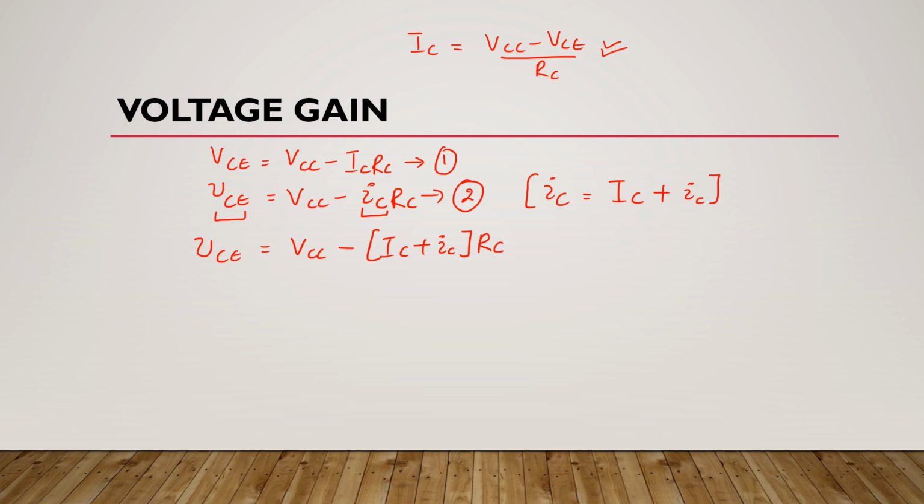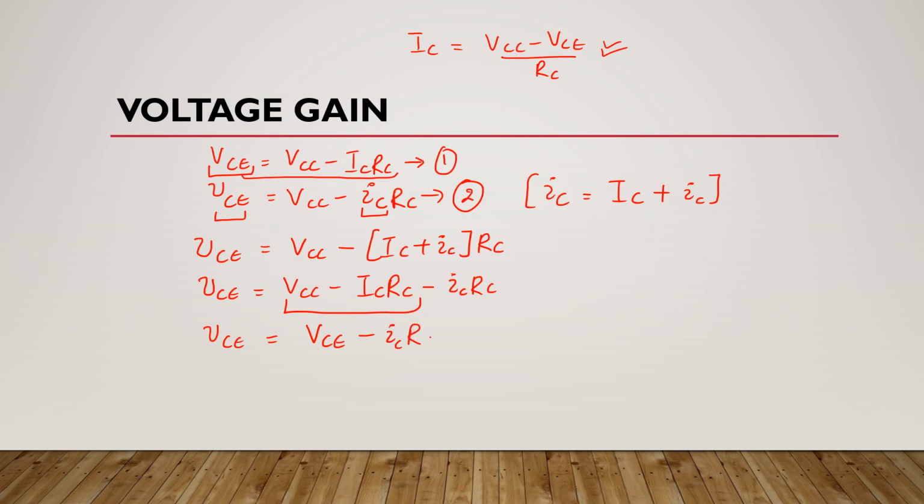Now if we open this bracket, we get VCE equals VCC minus ICRC minus ICRC. As you can see here, this term is equivalent to VCE, which you can see in equation number 1 as well. So if we substitute this value here, we get VCE minus ICRC.